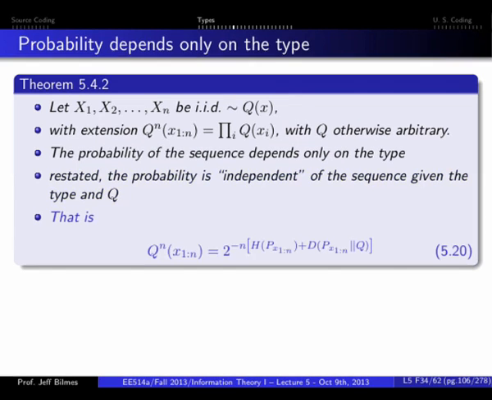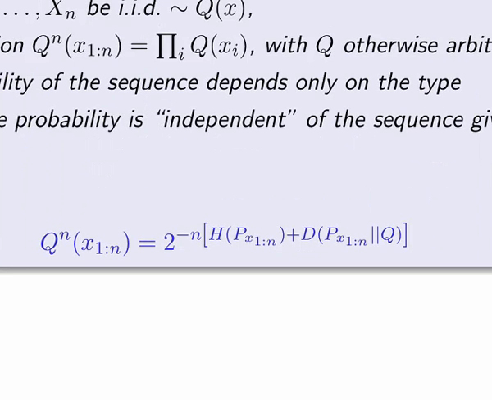So in other words, what this means is the following. This probability is 2 to the negative n times H plus the Kullback-Leibler divergence between the type and Q. Remember Kullback-Leibler divergence?